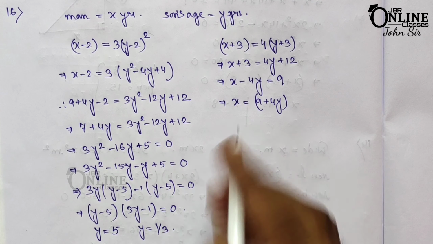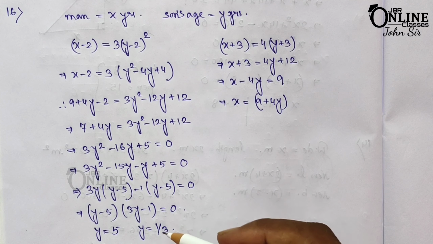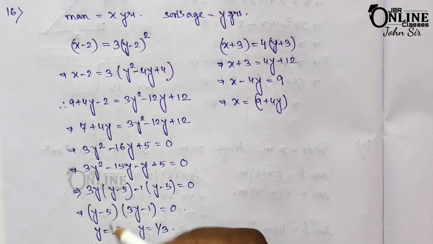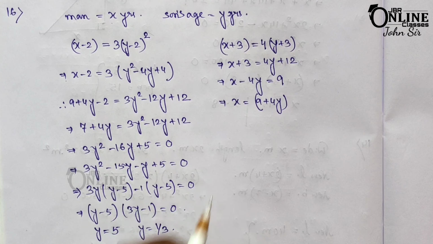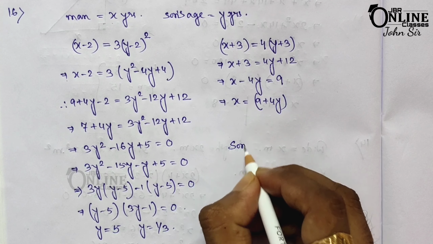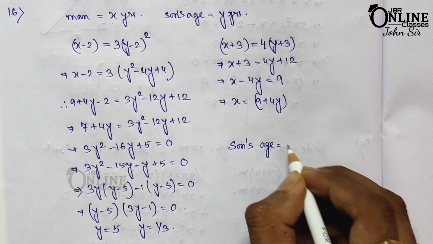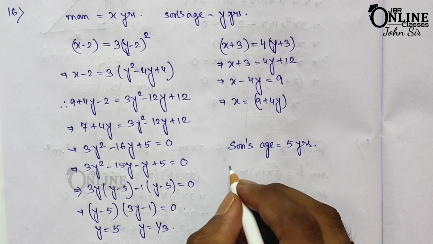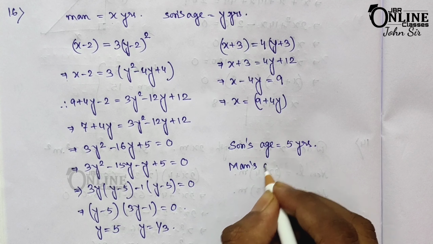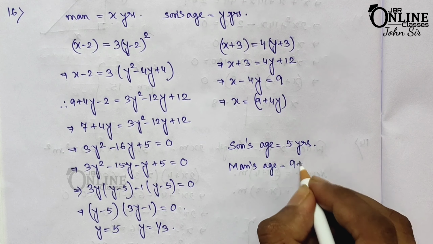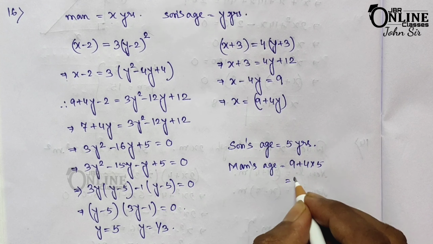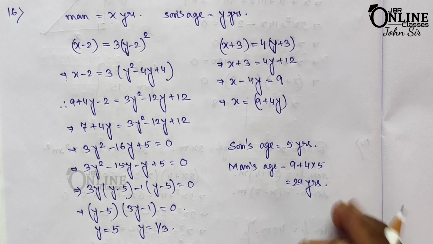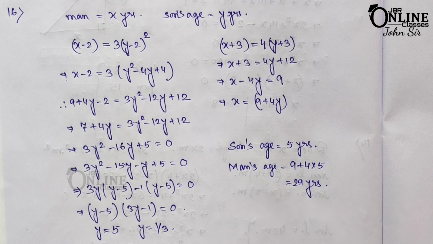As y is the age of his son, it can never be a fraction, remember. So y equals 5, that means the son's age is 5 years, and the man's age equals 9 plus 4 into 5, that equals 29 years as your answer.